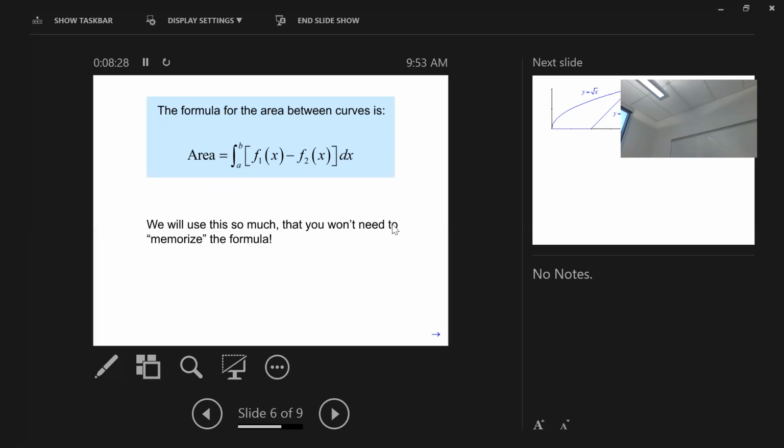But if you're doing the problem dx, your thin strip is perpendicular to the x-axis. And if it's perpendicular, we do upper take away lower, starting at the left intersection to the right intersection for the input values.